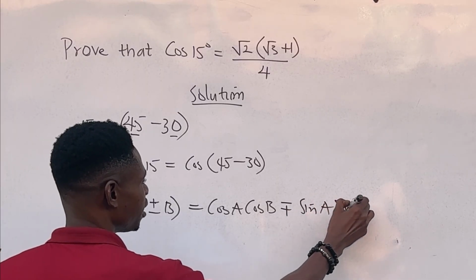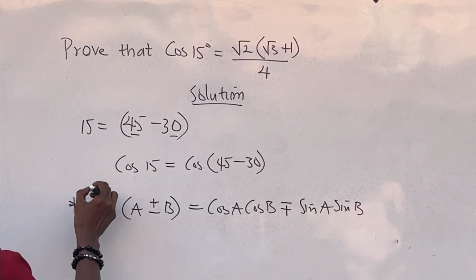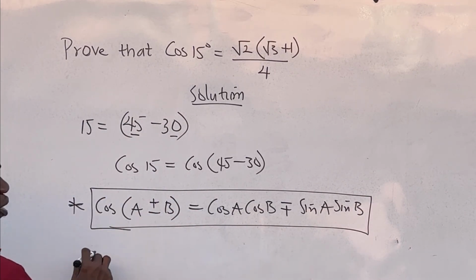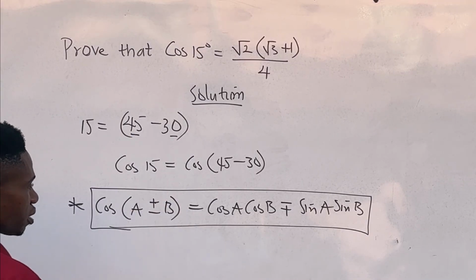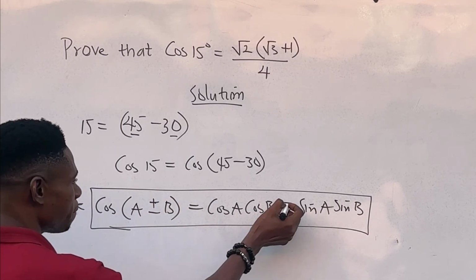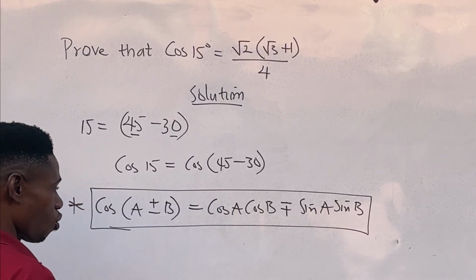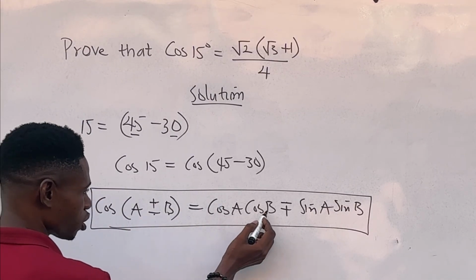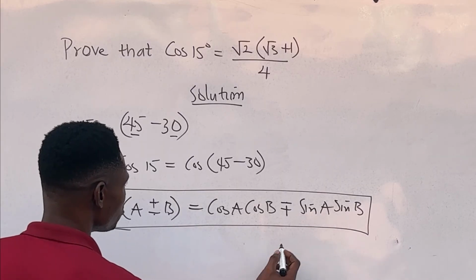Sine A sine B. So this is one identity to remember to solve a problem like this. So cos A plus B is cos A cos B minus sine A sine B, while cos A minus B is cos A cos B plus sine A sine B.